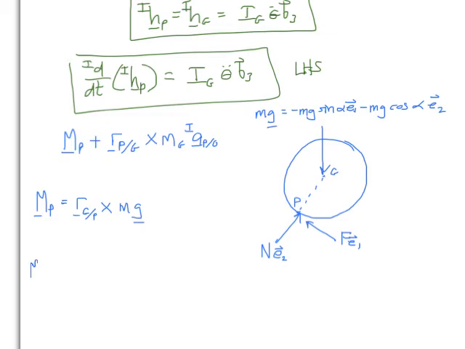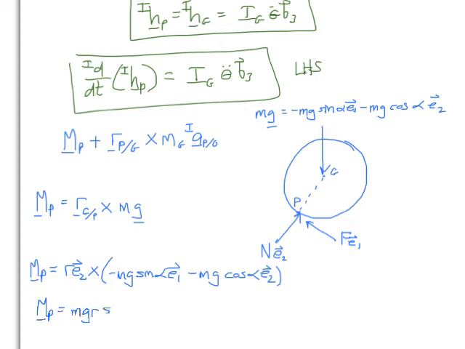When we calculate this, the moment about point P will be r in the E2 direction, crossed with negative mg sine alpha E1 minus mg cosine alpha in the E2 direction. And so our final moment about point P is mgr sine alpha in the E3 direction.